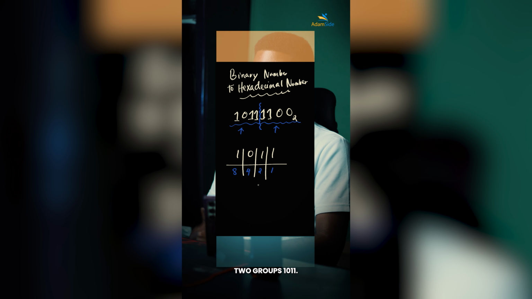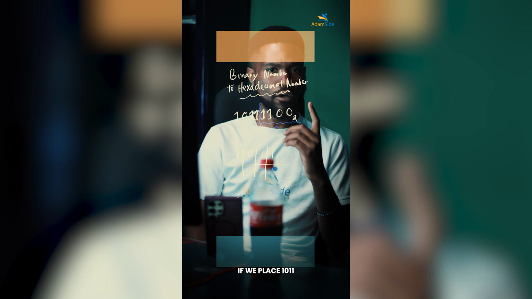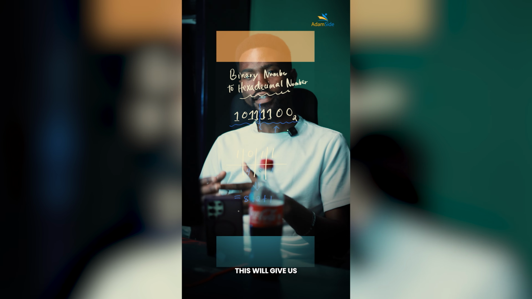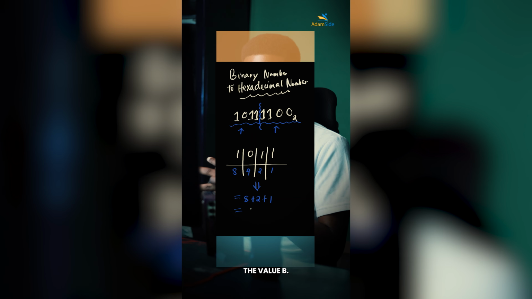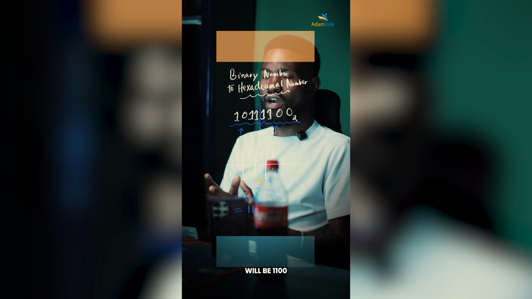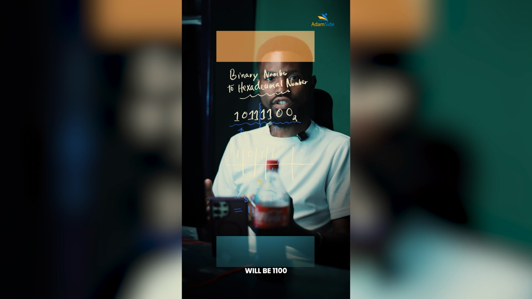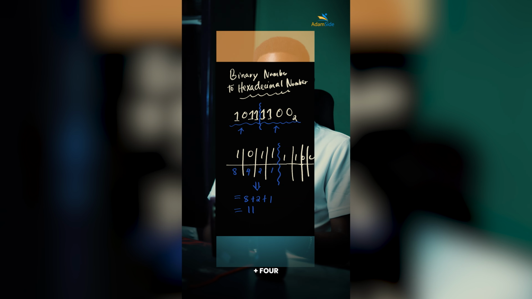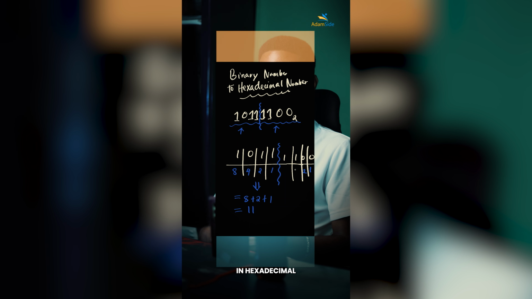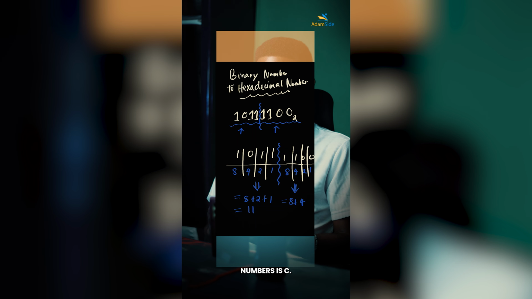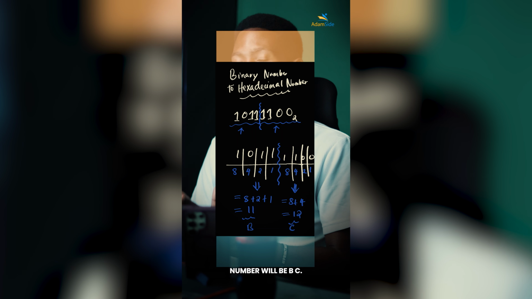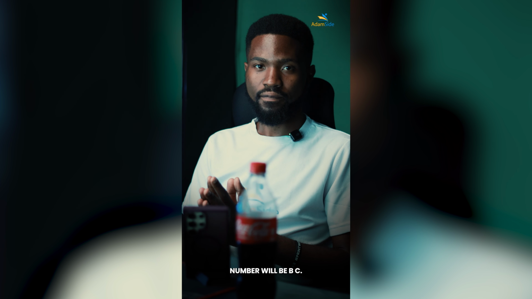The first is 1, 0, 1, 1, which gives us the value B. The other group is 1, 1, 0, 0, which means we just have to add 8 plus 4, which is 12. So 12 in hexadecimal is C. So the answer for this binary number in hexadecimal will be BC.